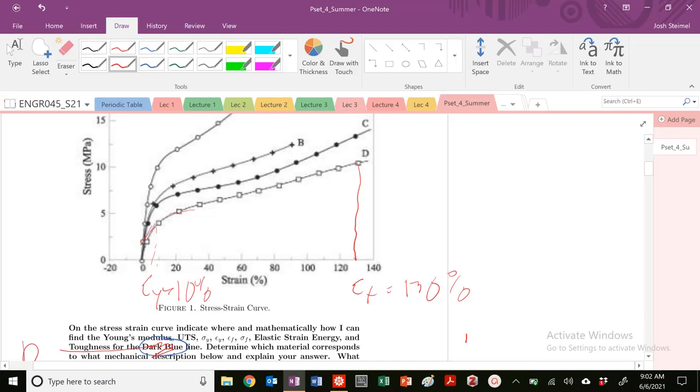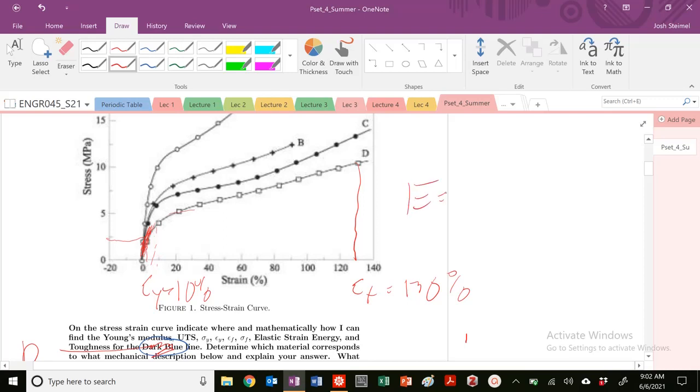I'm going to say that the slope right here, let's just say I take this first point here. Actually, I'll do here. This looks to be like 5, and then this is 10. My slope is my Young's modulus.